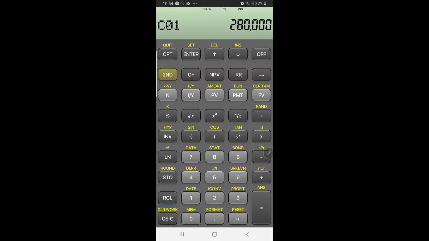280,000, then enter. Then in the second year again the cash flow is different, it's not the same, so I don't put anything here, because this is talking about the frequency of the cash flow. Since we are receiving 280,000 one time, we keep the default as 1.